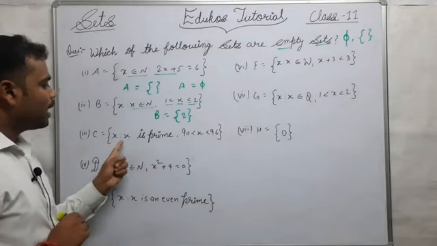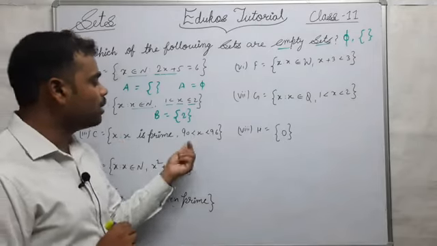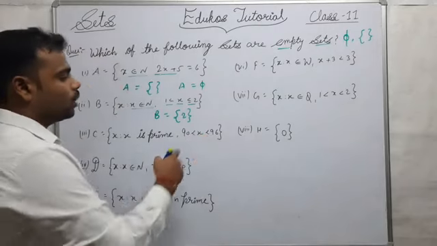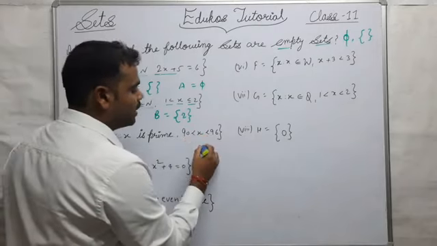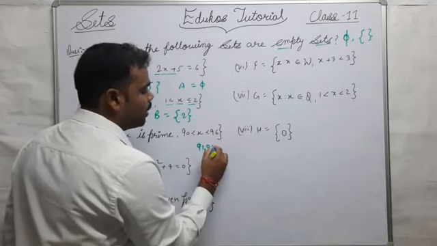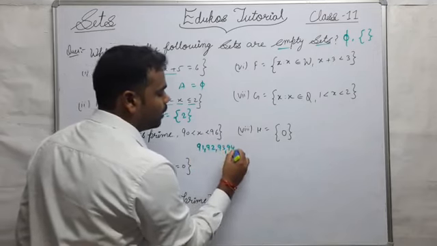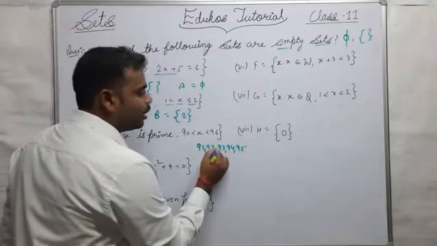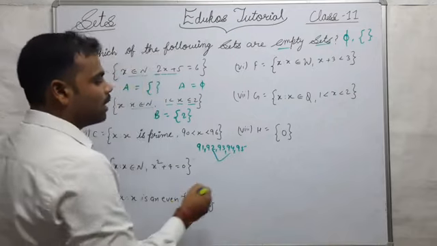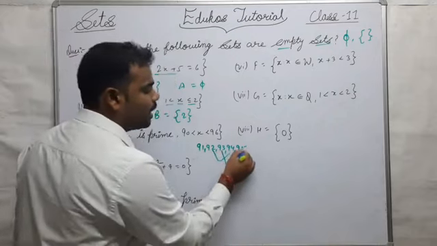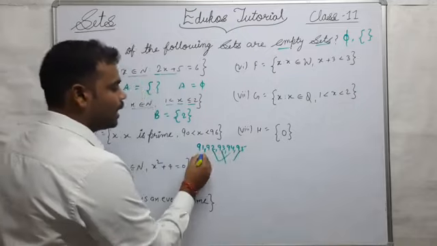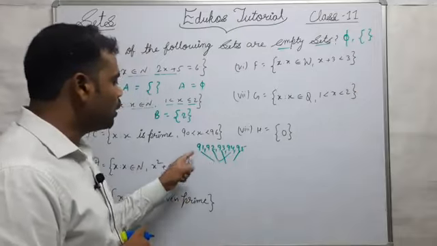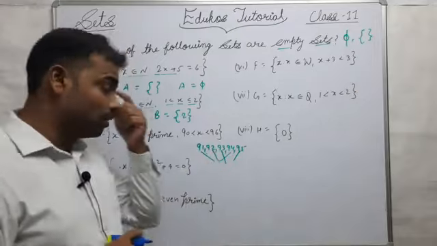Again in the third, x is a prime number with x greater than 90 and less than 96. Between 90 and 96 there are the numbers 91, 92, 93, 94 and 95. 92 and 94 are even numbers, 93 is divisible by 3, 95 is divisible by 5, and 91 is divisible by 7 and 13, because we know 13 times 7 is 91.